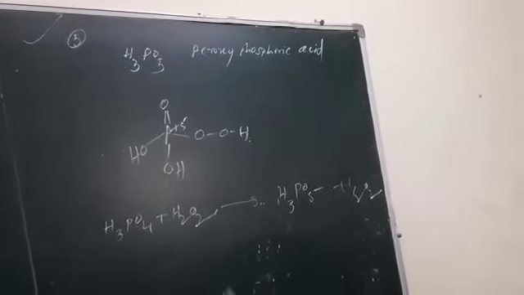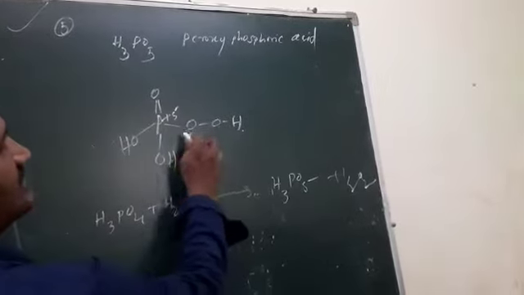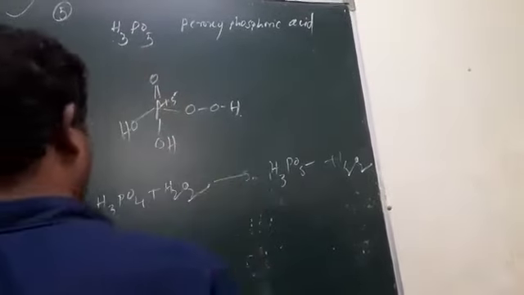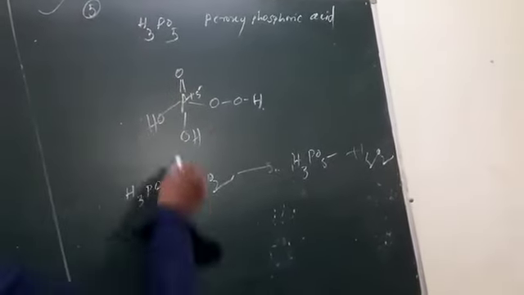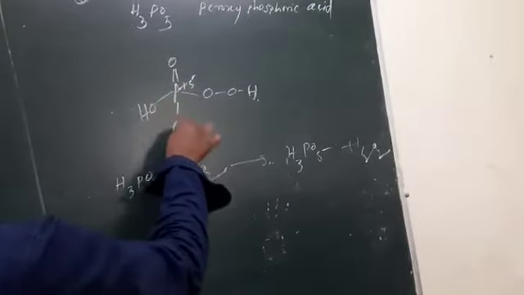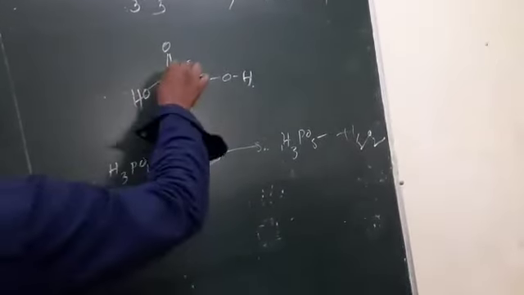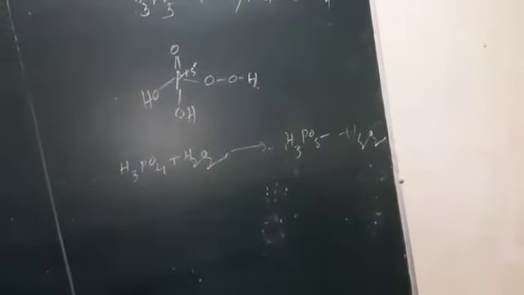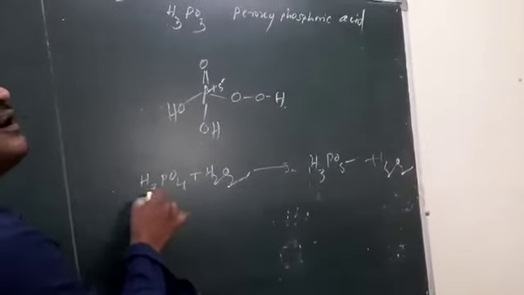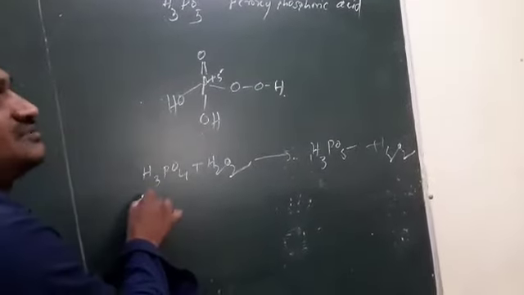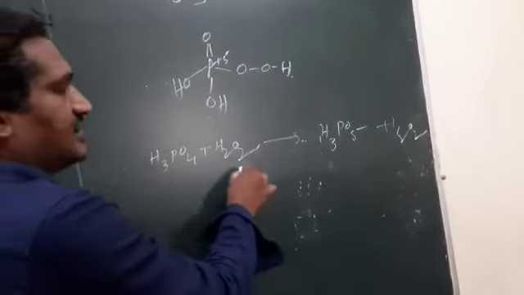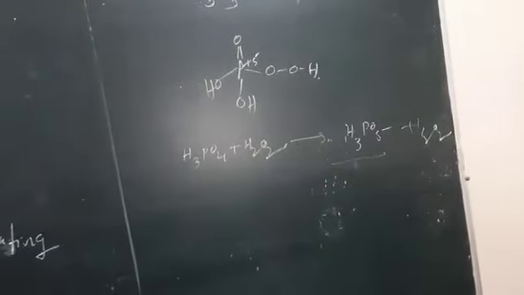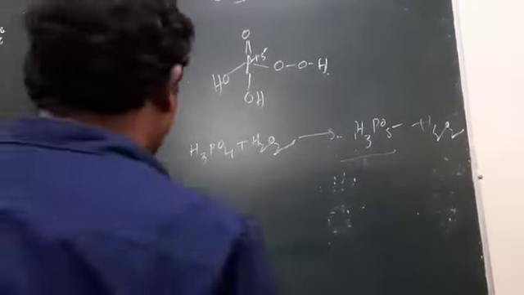It has an OO single bond, the peroxy bond, along with 2 POH bonds and one P double bond O. It can be prepared when phosphoric acid, orthophosphoric acid, is treated with hydrogen peroxide, giving peroxyphosphoric acid and oxygen. So these are the preparation methods.